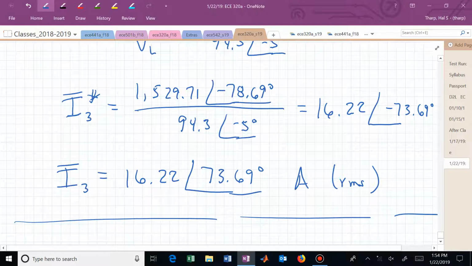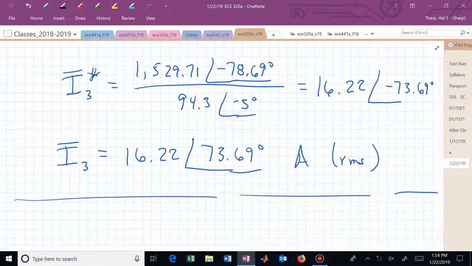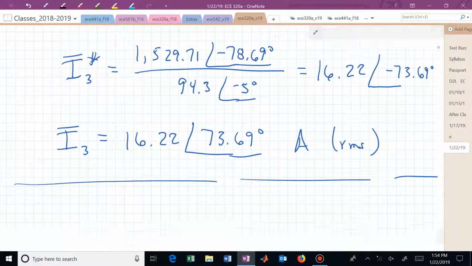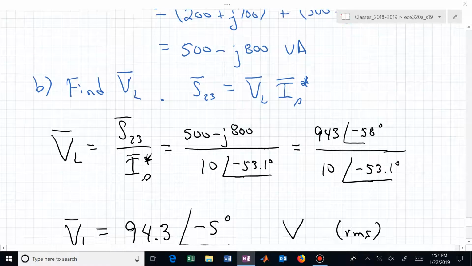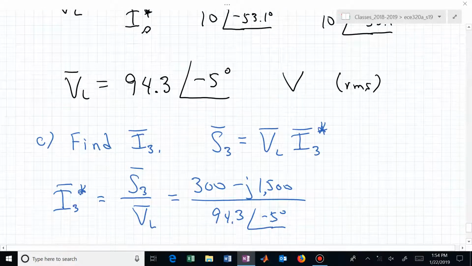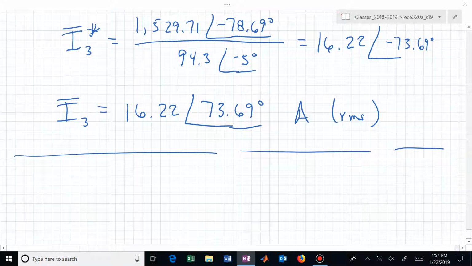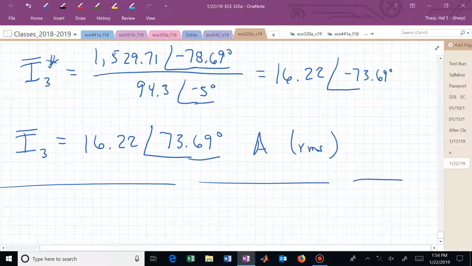So you can see that these complex power expressions are very useful to helping us back out individual parts of answers, and it was also nice to find the total complex power by simply adding up all of those component parts of the individual loads.